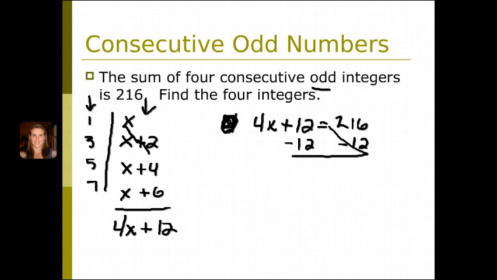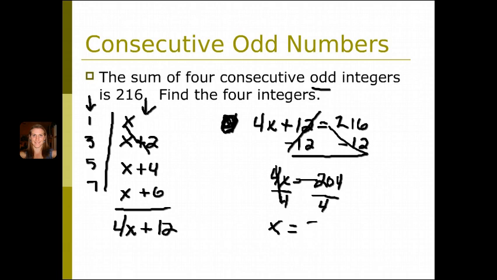And you're left with 4x equals 204. Divide by 4. And you get that x equals 51.